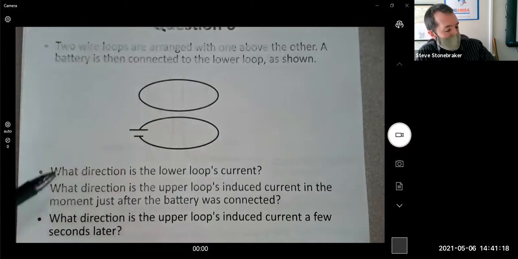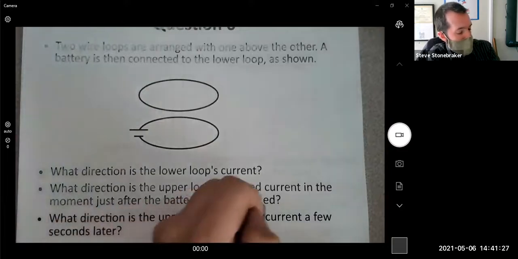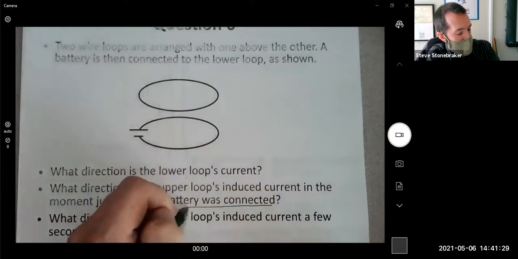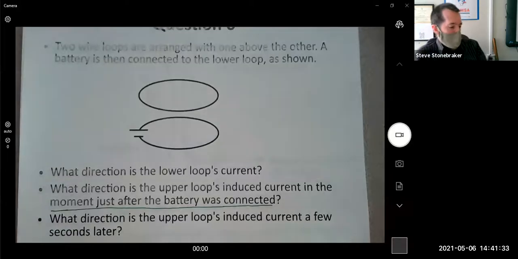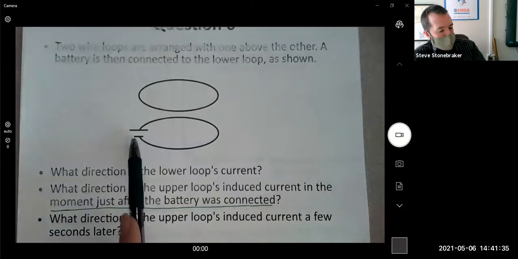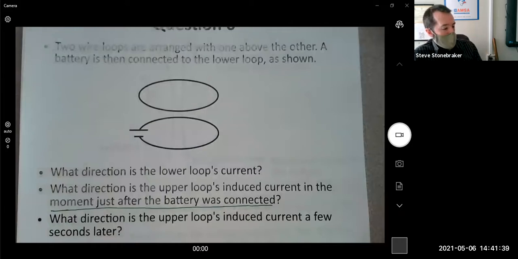So first you have to think about the direction of that current. And then we're interested in the moment just after the battery is connected. So like imagine we've just turned on the lower loop. What is that going to do to the upper loop?